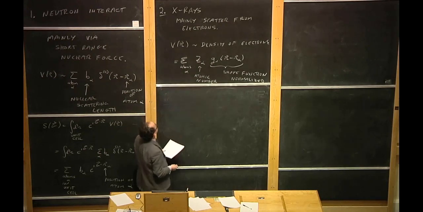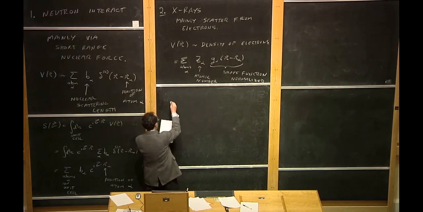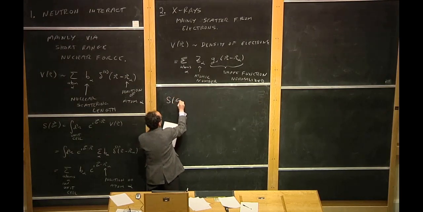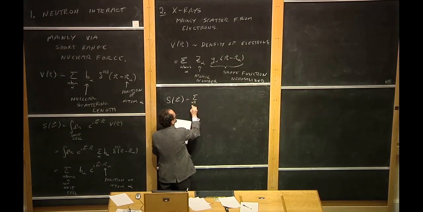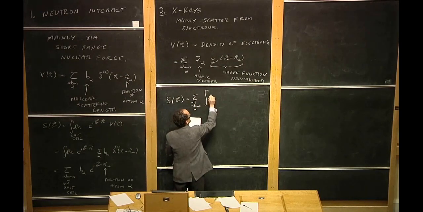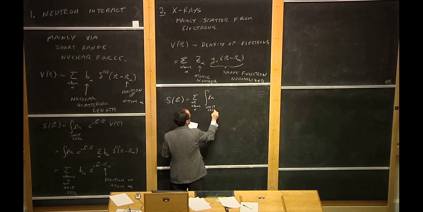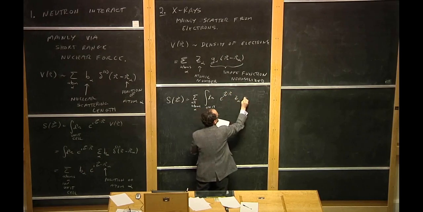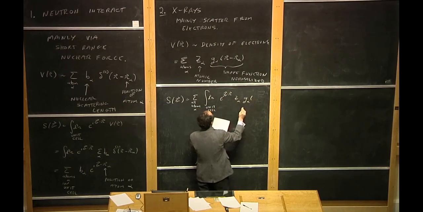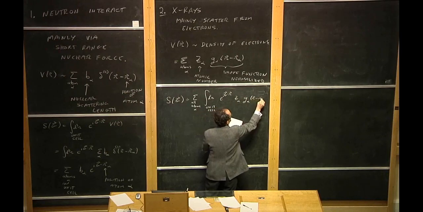So we can take this form of the density of electrons and, again, construct the structure factor, S of G, which is now the sum over all atoms alpha of the integral d3r, very similar to what we did just over here, over the unit cell. Then we have e to the i g dot r, we have z sub alpha, and we have g sub alpha of r minus r alpha.